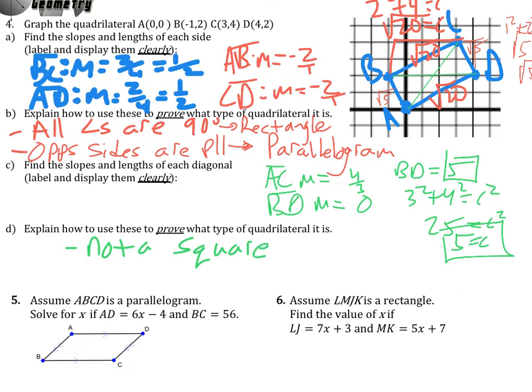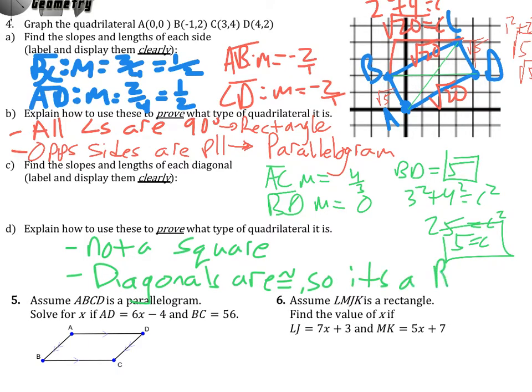It also means it's not a rhombus, but the diagonals are congruent, so it's a rectangle. If we know it's a parallelogram and the diagonals are congruent, that means it's a rectangle. Okay? So it's a rectangle.